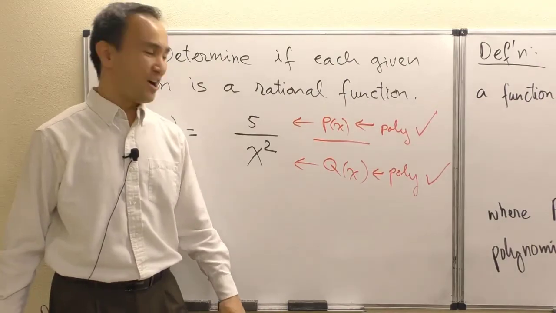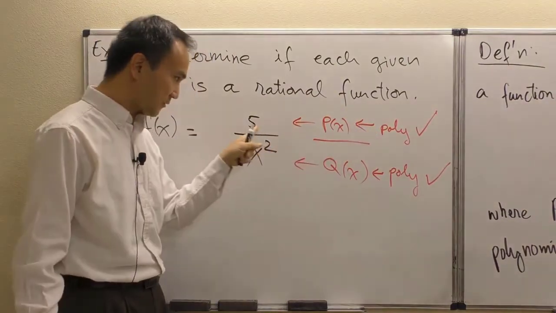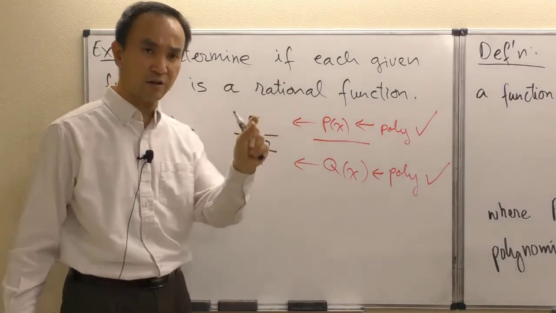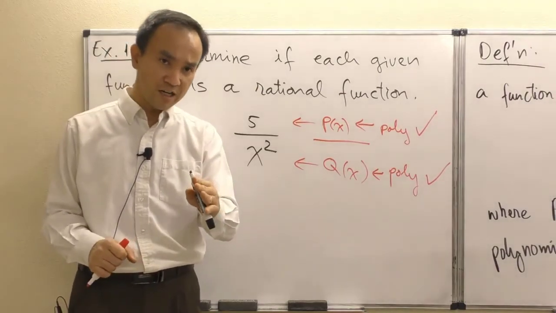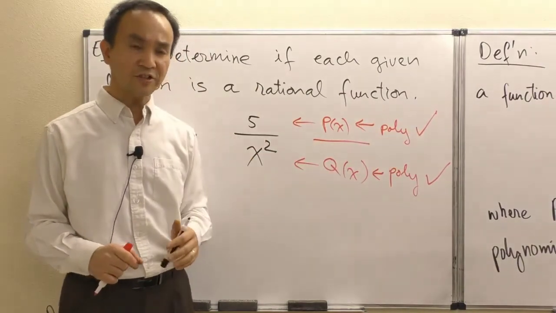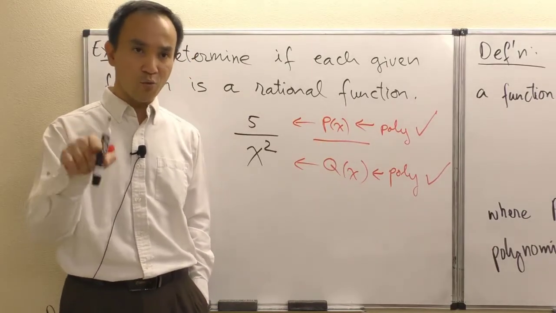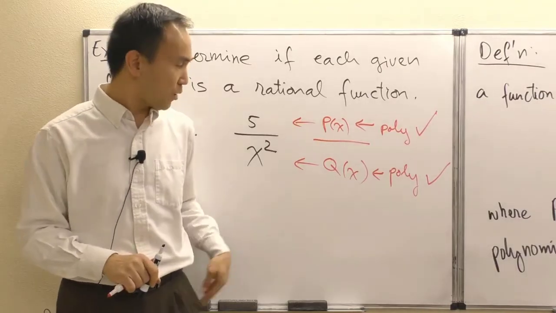How's that? So in that way, the reason I see this 5 here is a polynomial is that the numerator is a constant, and we already learned from our previous lecture that a constant is classified as a polynomial, as one among the polynomials.